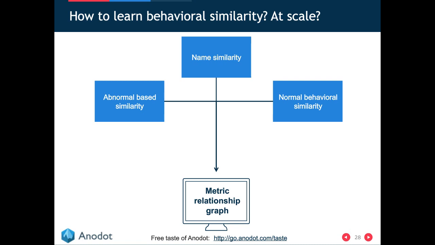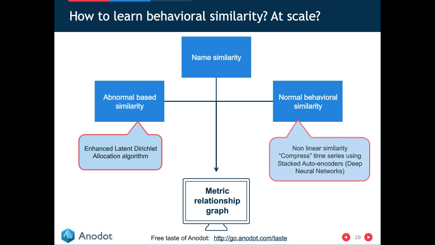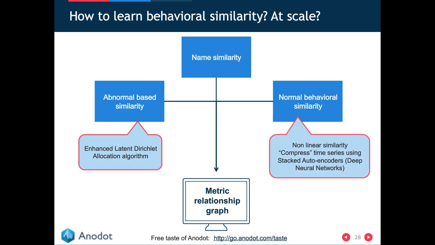Some of the techniques that we've been using for this: for abnormal behavior similarity, we use a variation of the latent Dirichlet allocation algorithm. For normal behavior similarity, obviously linear correlation is not a good fit here, so we use nonlinear similarity, compressing the time series using stacked autoencoders.